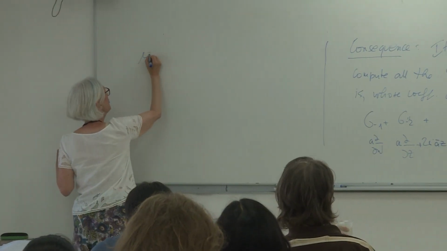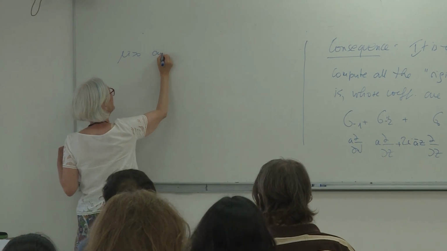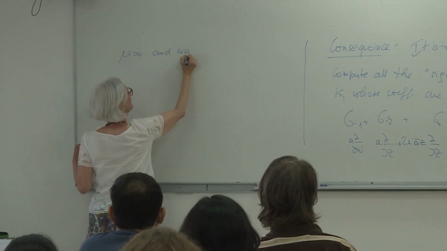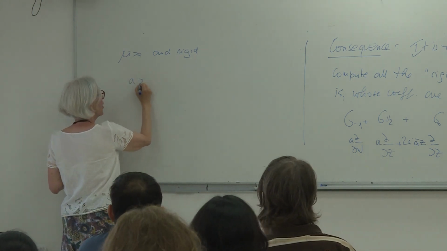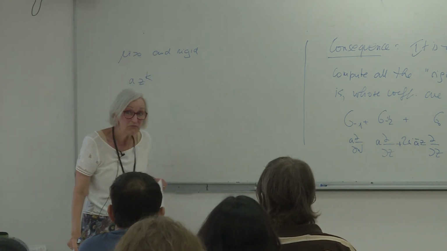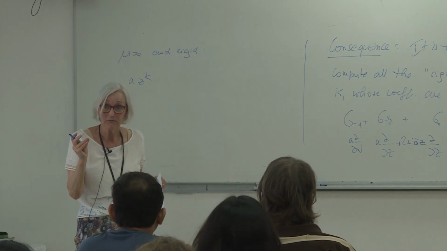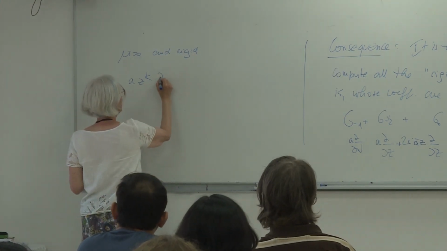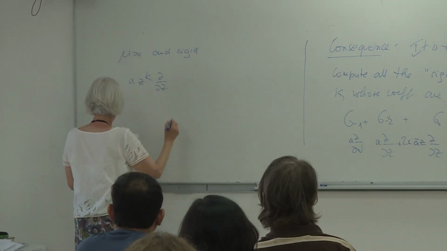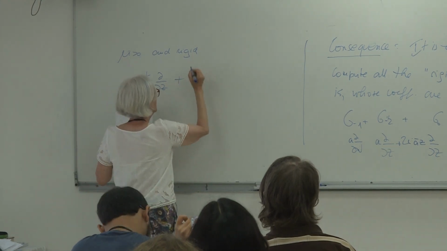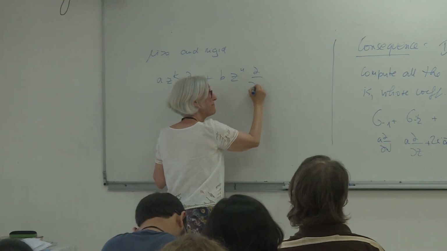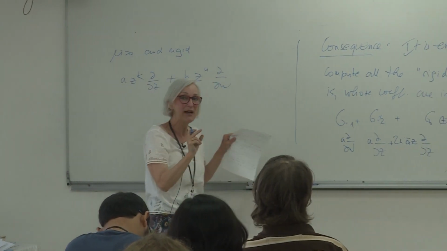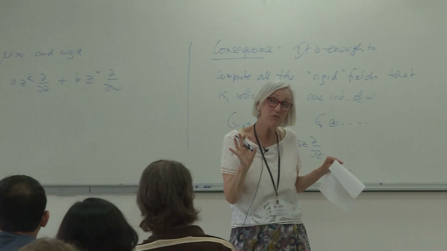If you take a mu bigger than 0 and rigid, what is its form? What can you have? Rigid. So you have a z to the power k, any power k bigger than 1, d/dz plus b w to another power, not the same power, because d/dz and d/dw do not have the same weight.